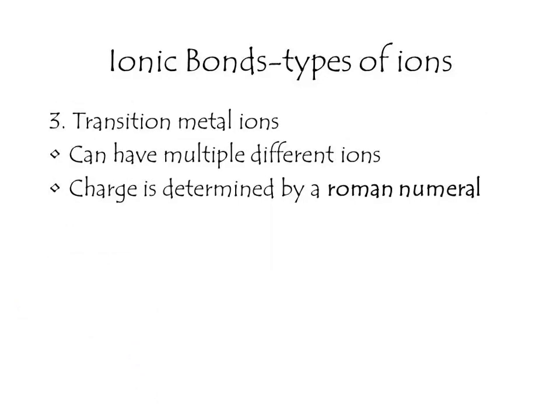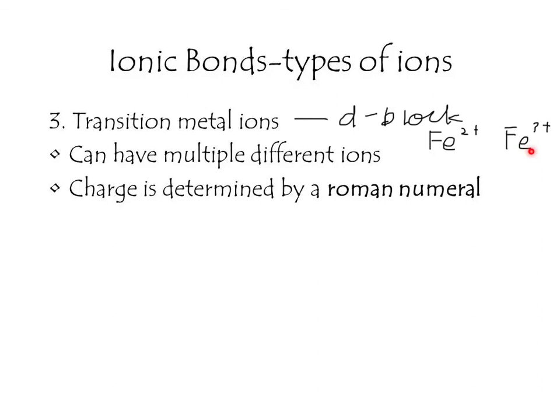So the third kind of ion we're going to encounter is called a transition metal. Transition metals exist in the D block, and they can have multiple types of ions. So let me give you an example: iron 2+ and iron 3+. Since the D block is special, we've talked about in class why transition metals can have multiple charges.